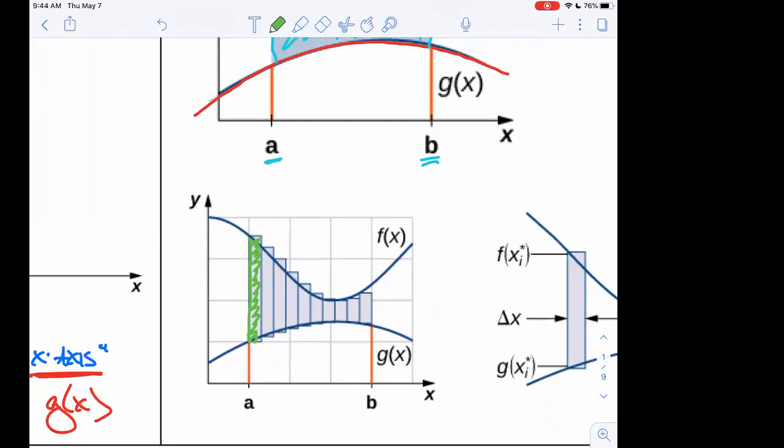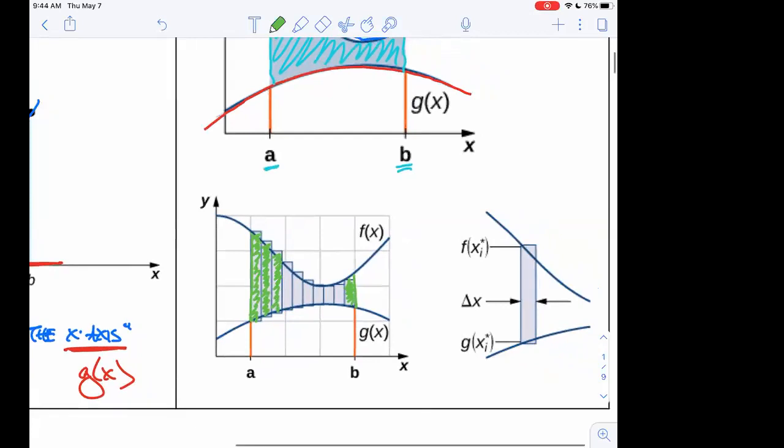Then I find the area of the rectangle next to it, and the next one, and if I keep going all the way across until I get to the end, then what I found is the area between the two curves, because I've divided this area up into really, really skinny rectangles and added those all up together.